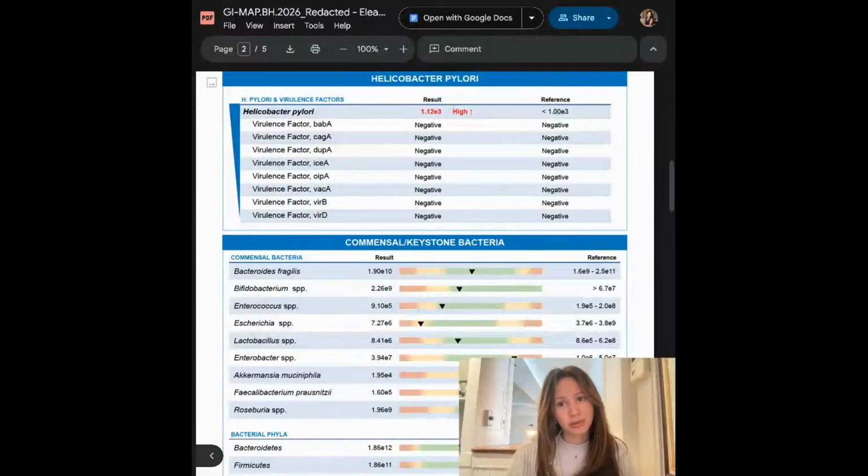And it can also put people at risk for acid reflux, especially if these virulence factors are positive. These are all negative, but sometimes if they are positive, it could put your patient at risk for gastric ulcers or even types of stomach cancers, based off of how intense that virulence factor is.